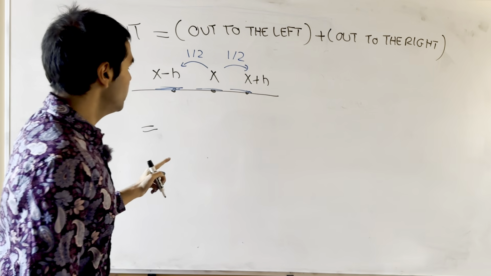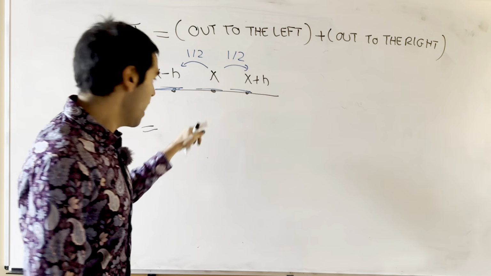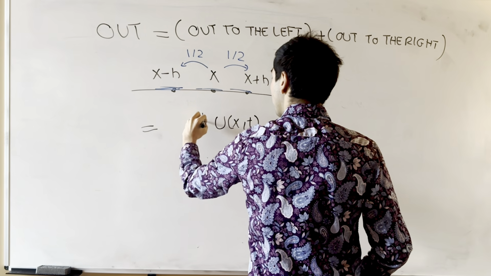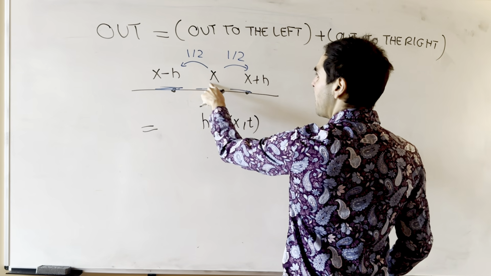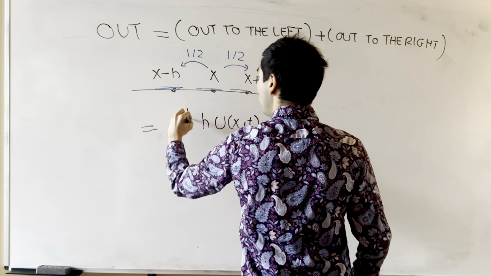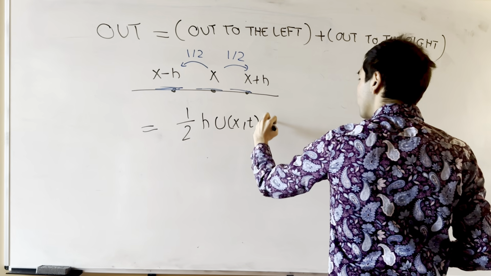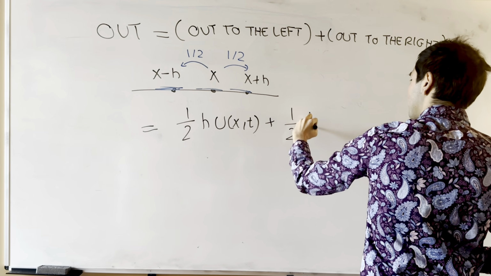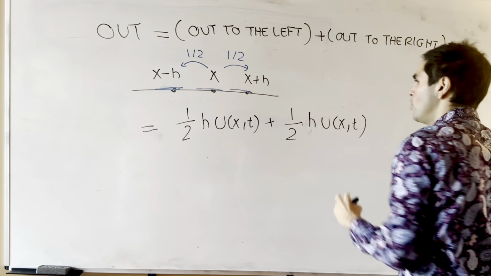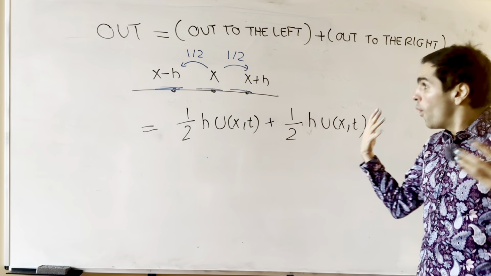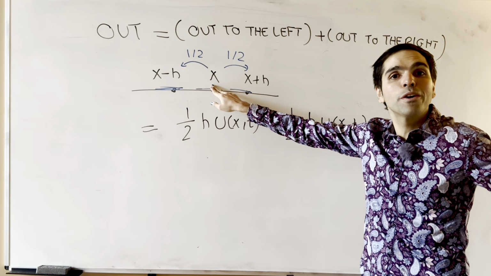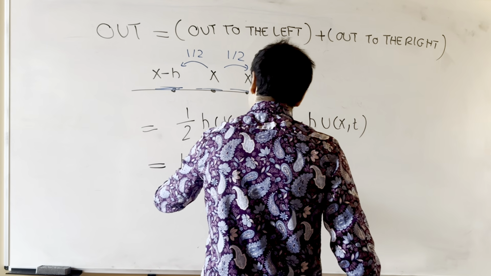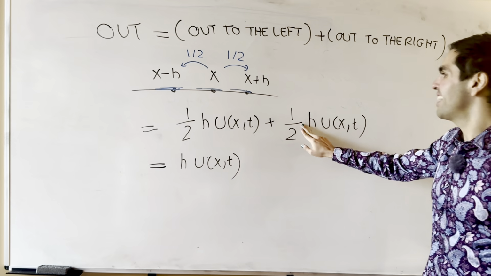And again, what is that equal to? We're focusing on X, so u of X comma T. To find it in particles, we multiply by H. And then with chance 1/2, those particles go to the left, and with chance 1/2, those particles go to the right. That is one way to interpret this. Or you can simply say, well, all the particles at X move out. So it's actually the same thing as H u of X, T. Kind of neat how the math checks out here.